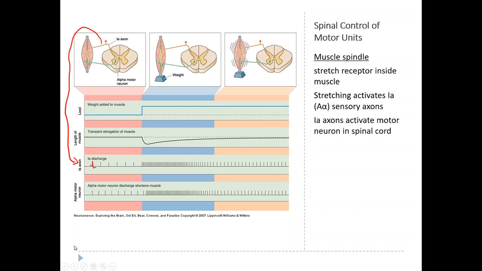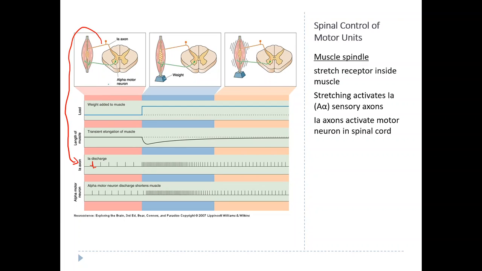So the alpha motor neurons that they synapse onto are usually in the exact same muscle that the muscle spindle was in. So that means that this neuron here synapses onto this alpha motor neuron, and that excites this alpha motor neuron, which means that whenever this 1A axon is active, this alpha motor neuron is also active, and that's what you see here.